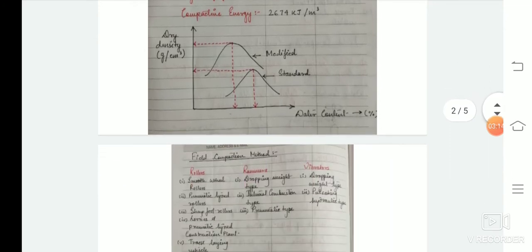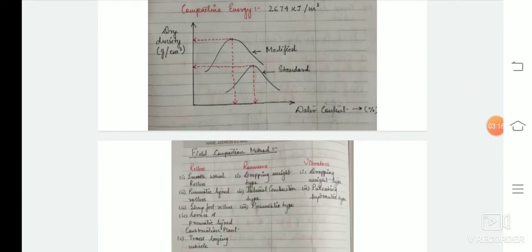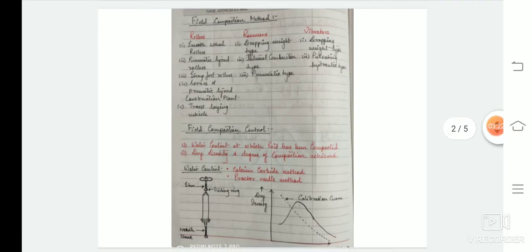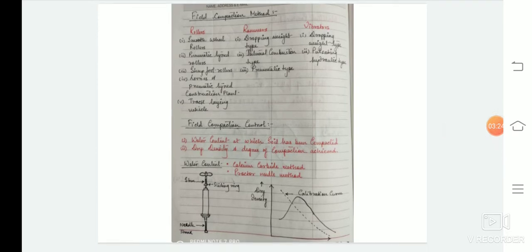So let us now shift to the field compaction method. The standard Proctor test and the modified Proctor test are considered compaction carried out in the laboratory. So for field compaction, what are the methods that can be used? There are 3 methods of field compaction: rolling, ramming, that is by impact, and vibration.